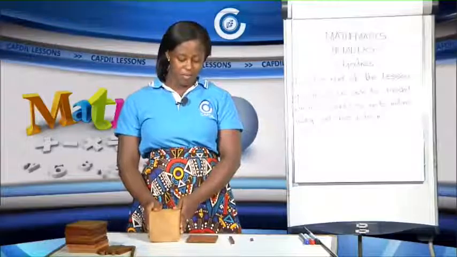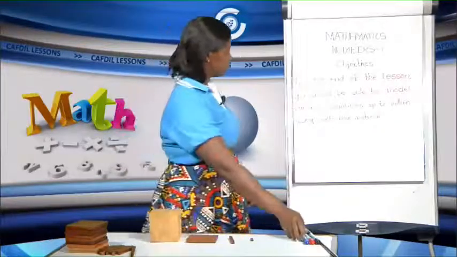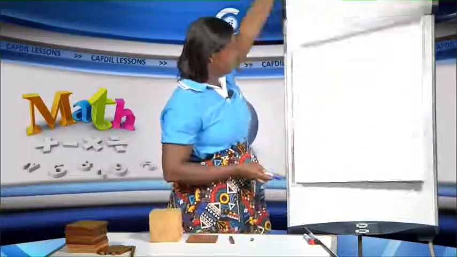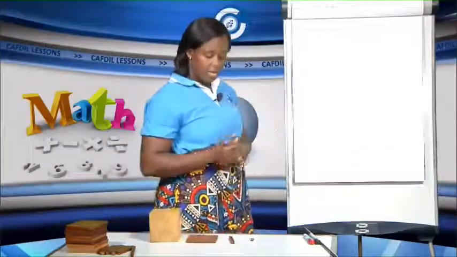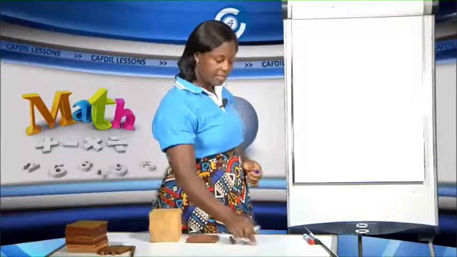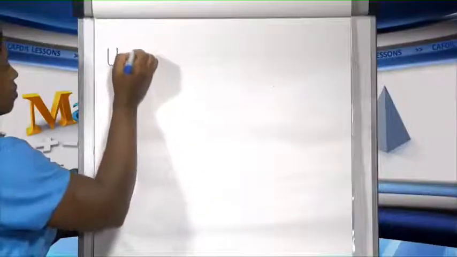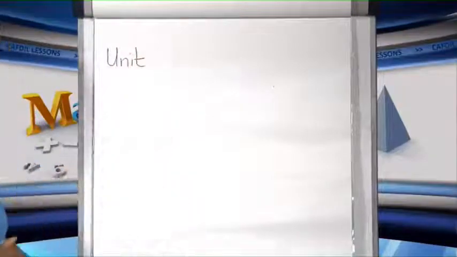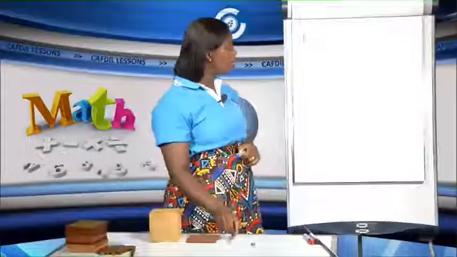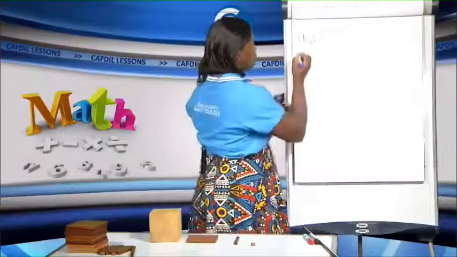So let's look at the value of each of the material over here. Let's write, we have the units. And the next one, we have the long or the rod.